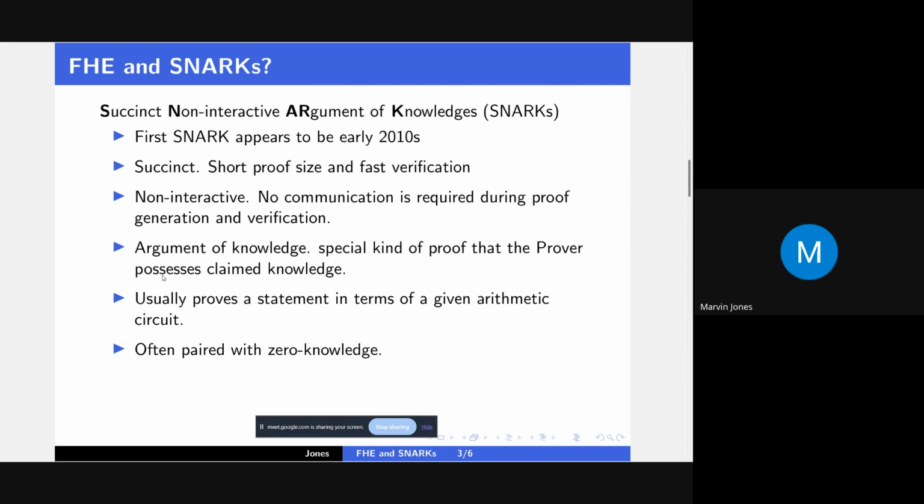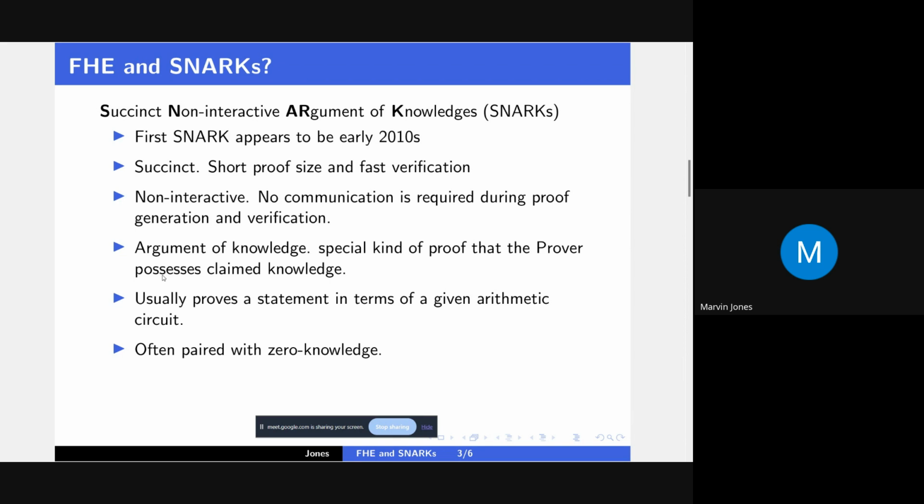The SNARK proof I give you is still for a given arithmetic circuit. But there's some special cases that you could bicker about, like if it's a range proof, well, it's baked into the proof system, so it's still an arithmetic circuit.